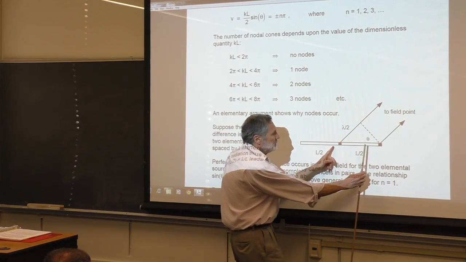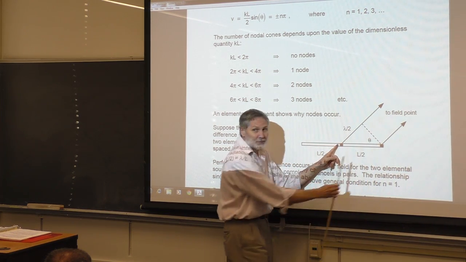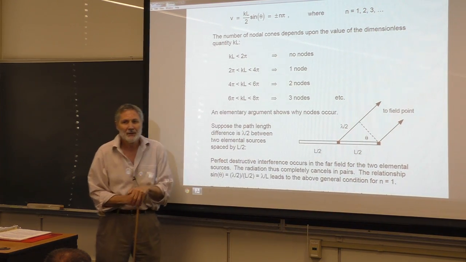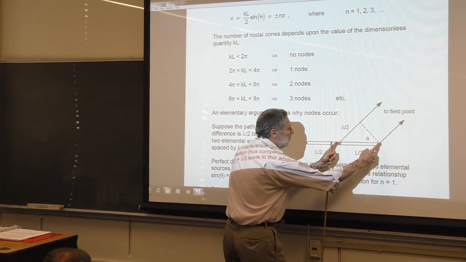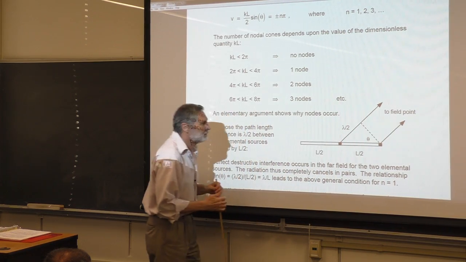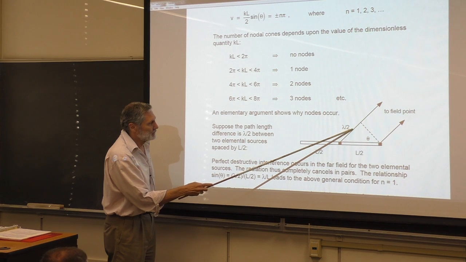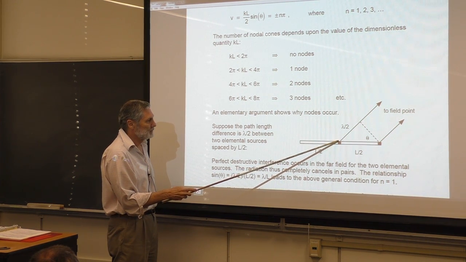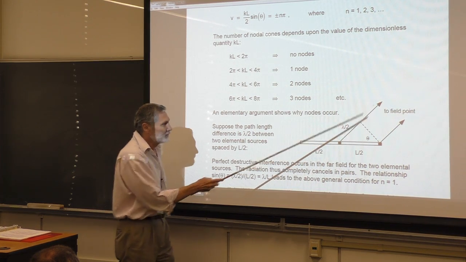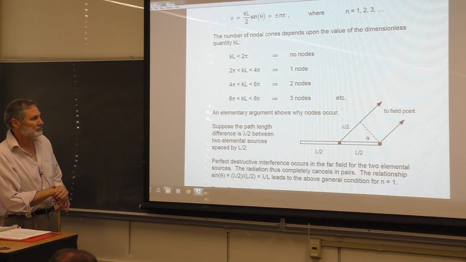Now let's look at the next two over. One right here and one right here. What field am I going to get for those two? 0. So I can sum over the whole rod here, and I conclude that when I have a half wavelength path difference, or 3 halves or 5 halves, I'm going to have a pressure null out there. The total pressure will be 0 in the far field.